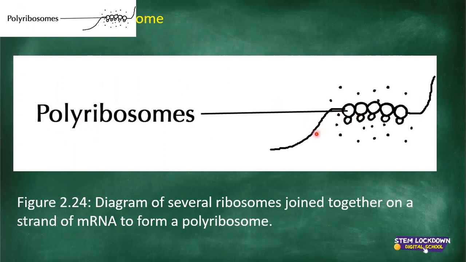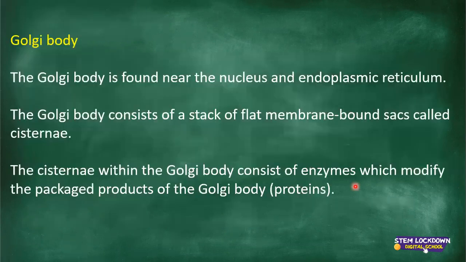So this is a bigger picture of the polyribosome over here. The mRNA with the ribosomes around it. This is a diagram of several ribosomes joined together on a strand of mRNA to form a polyribosome. So you see ribosomes attaching and binding together with various structures. Okay? So I think that will help with the functioning synergistically.